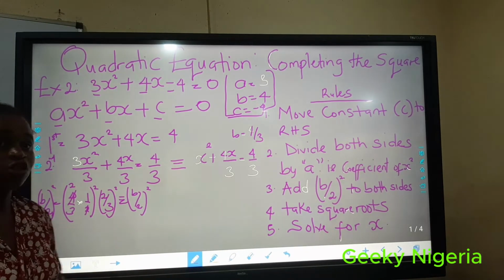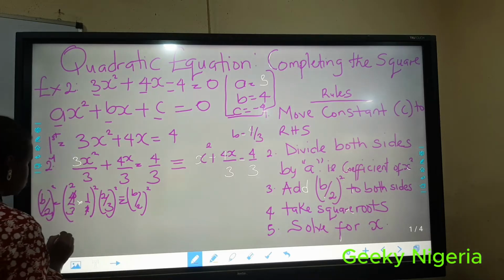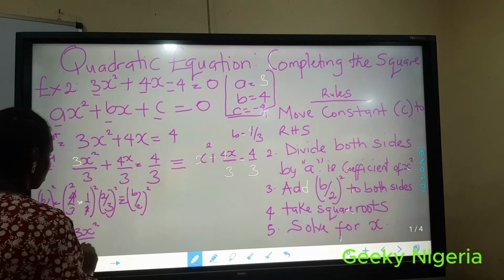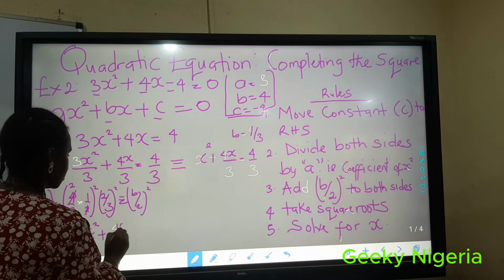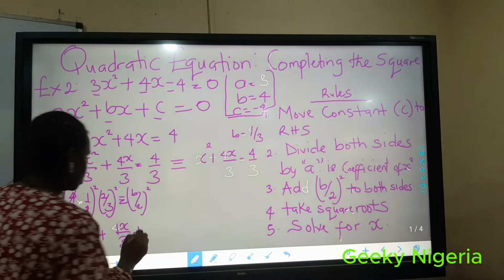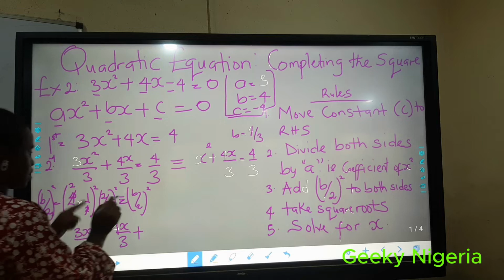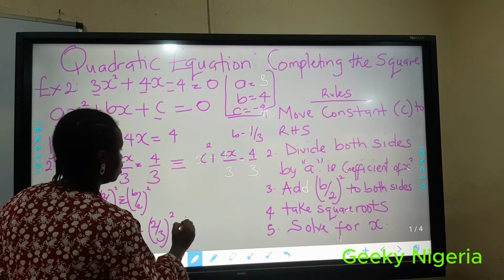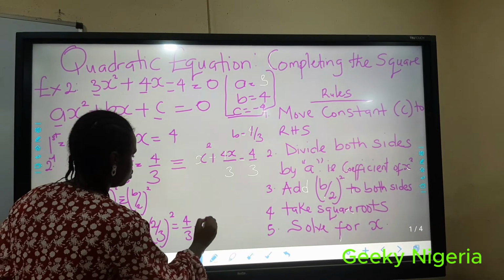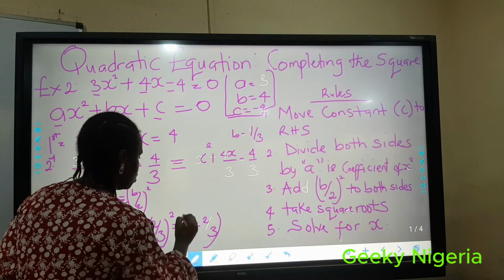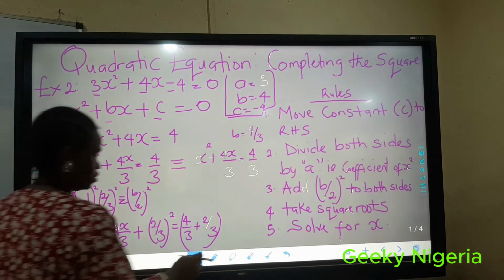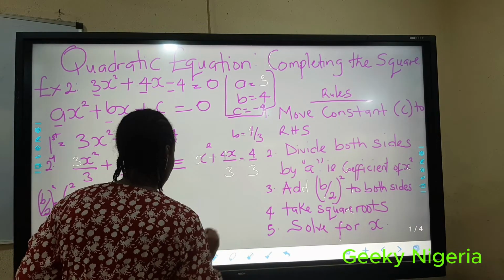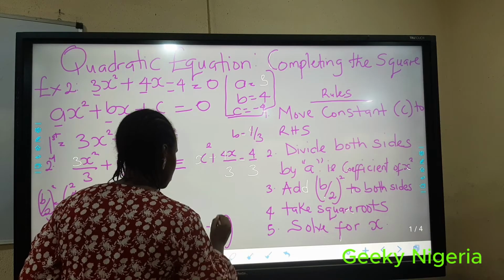So it now says you should add it to both sides. So it means we're going to be having this equation become 3x squared all over 3 plus 4x all over 3 plus b all over 2 all squared, that's 2 all over 3 all squared, is equal to 4 all over 3 plus 2 all over 3 all squared.